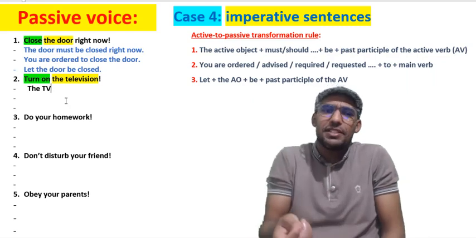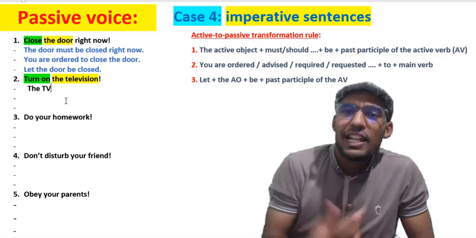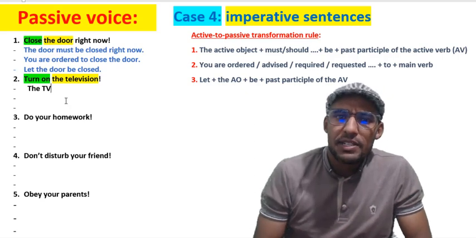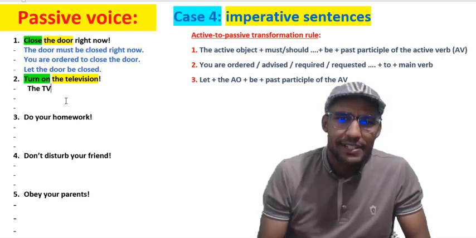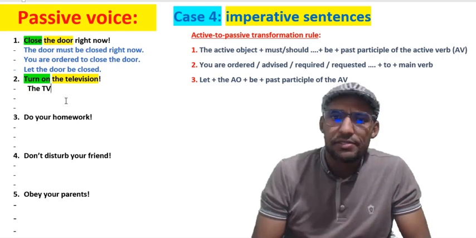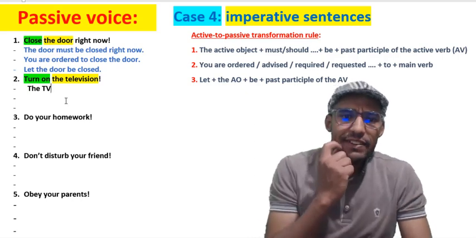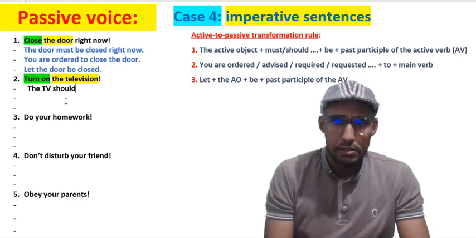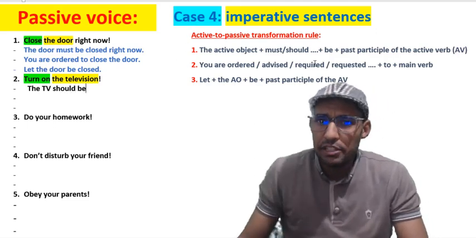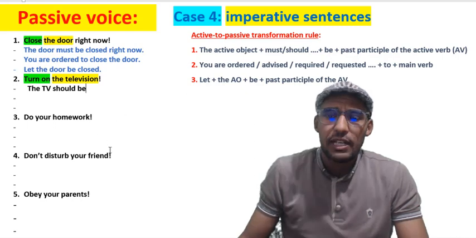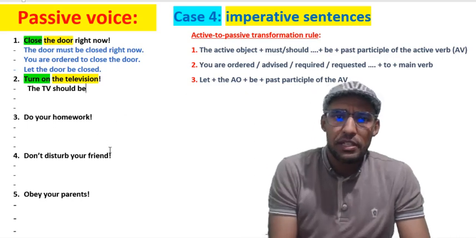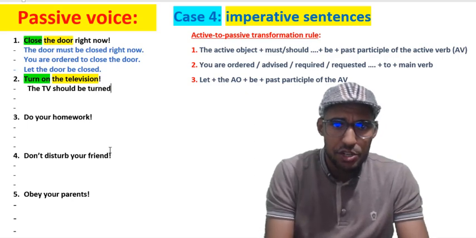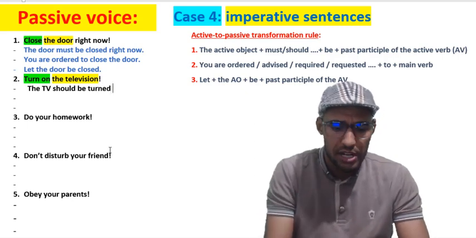I feel that it's lighter, or less authoritative, than the modal verb must. The TV, let's say, should be. Again, we are applying the first form structure. The TV should be, and then the past participle of the verb turn becomes turned. It's a regular verb, turned on.